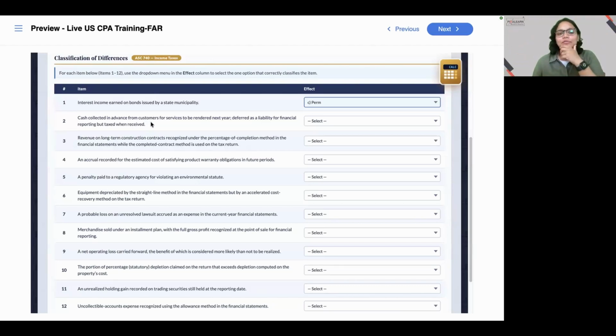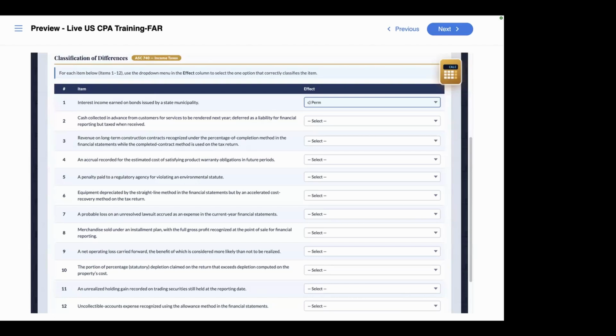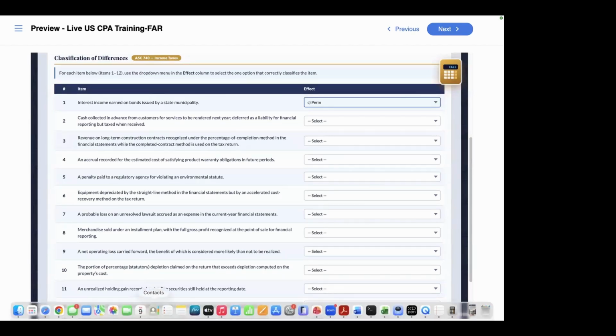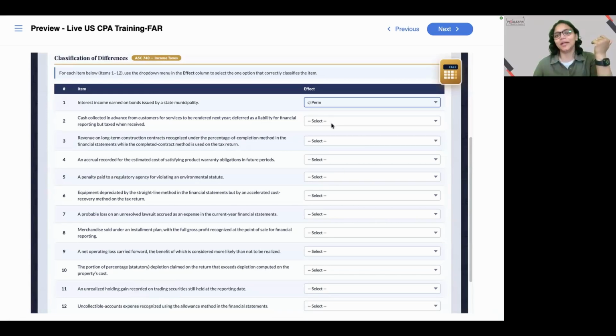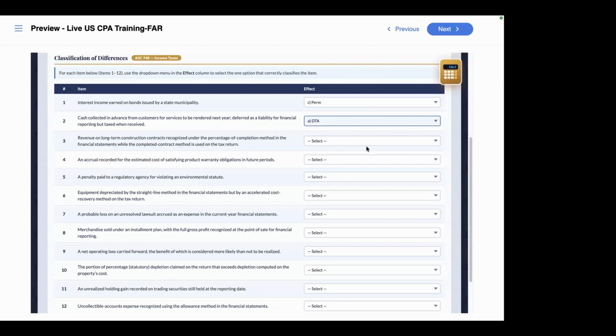Cash collected in advance from customers for services to be rendered next year. Pre-received income, what is this? Deferred tax assets. Pre-received, very good. It will increase your taxable income, hence it creates a deferred tax asset. Is that clear? Yes. Very good.